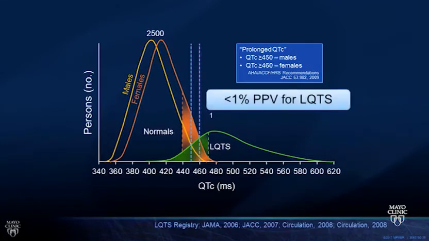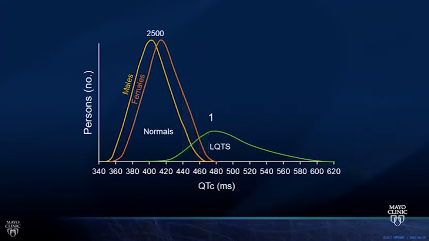Well, they do, just less than a 1% chance. So satisfying the guideline definition of ECG-designated prolonged QTc by itself almost never equals I caught long QT syndrome.